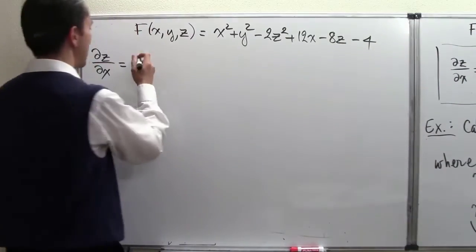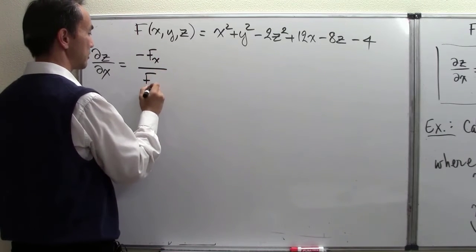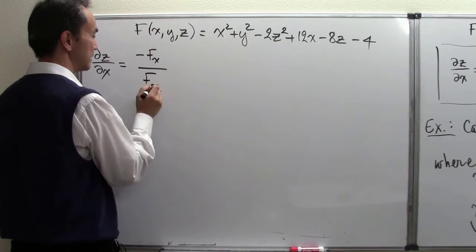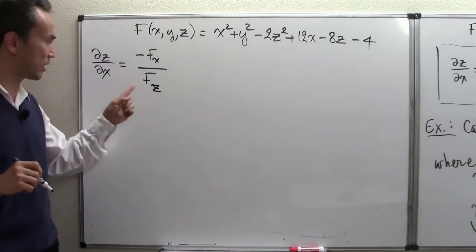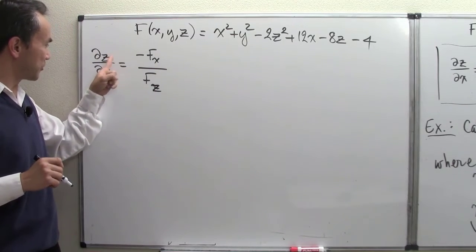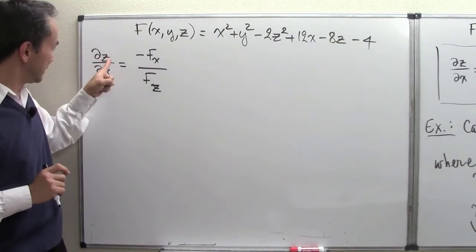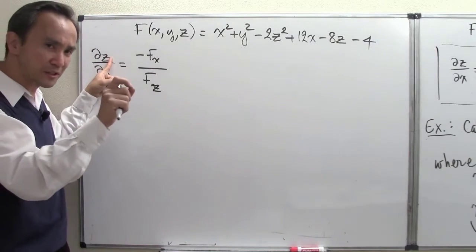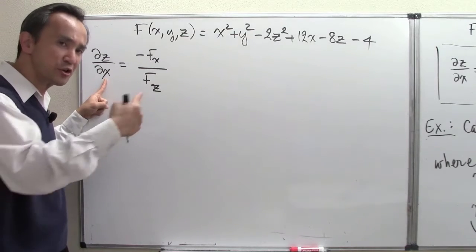So we need minus fx over fz. Now I'm going to say a little bit about the trick that I promised earlier to help anyone remember this formula easily. You see, in this partial derivative that we are required to do, the z here is the implicit function, and the x here is the implicit internal variable.